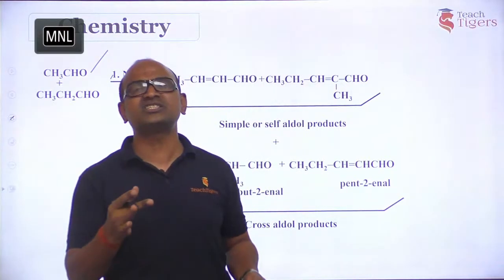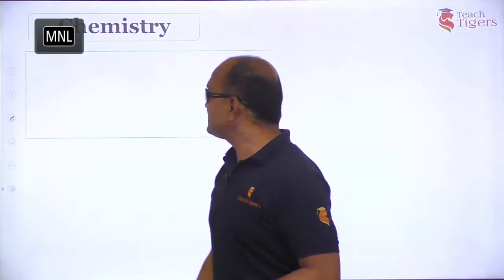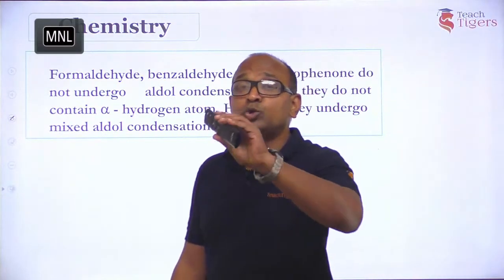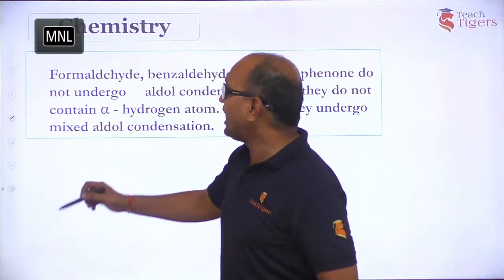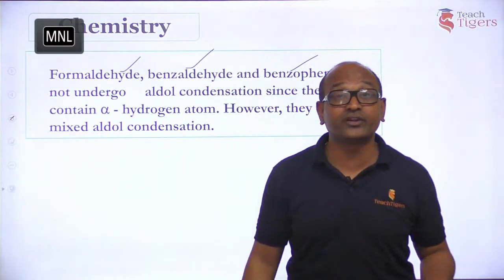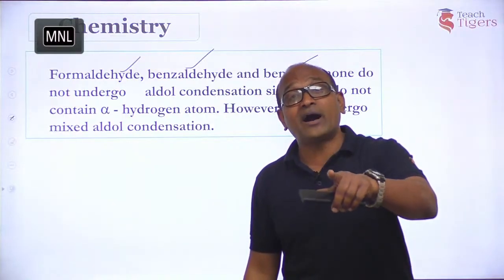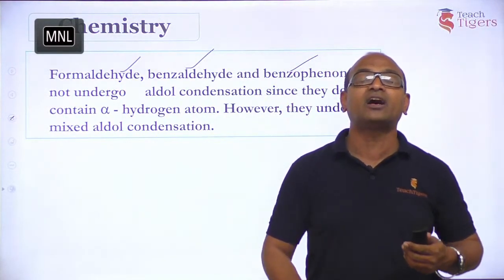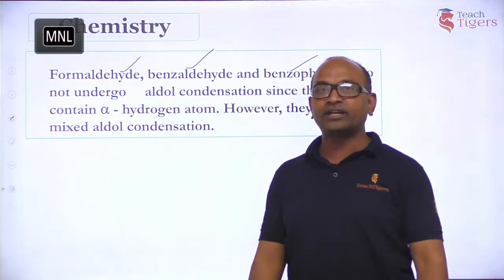This is not synthetically useful, but just see, what if we take carbonyl compounds that do not have alpha hydrogen? Say I have taken formaldehyde, or benzaldehyde, or benzophenone. These compounds can undergo nucleophilic attack, but they do not have alpha hydrogen. They cannot form enolate.